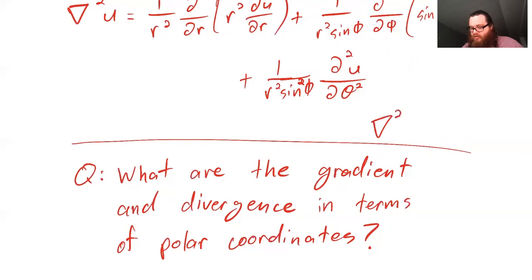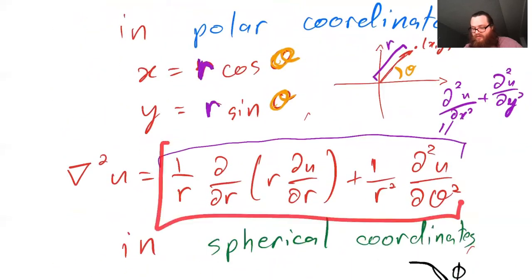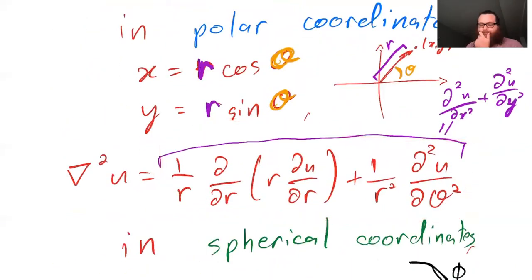The Laplacian of u is this operator divergence times this operator grad of u. So our game plan is to express div and grad in terms of polar coordinates, and then plug all of that in here, and then we'll end up with this expression.